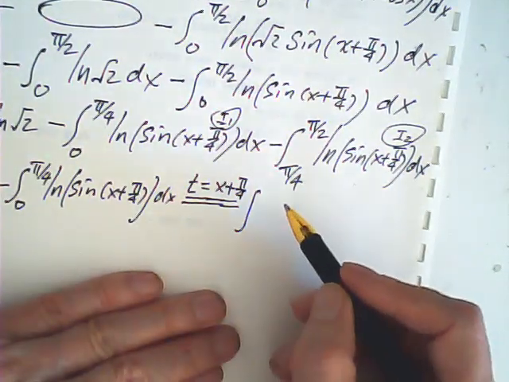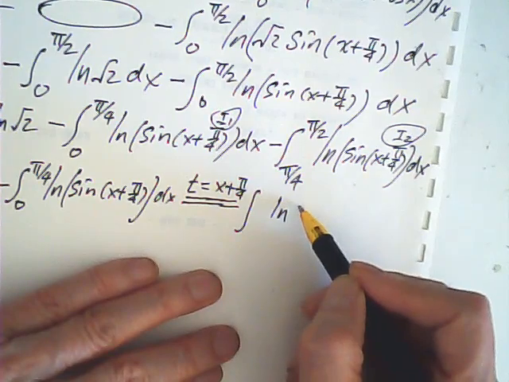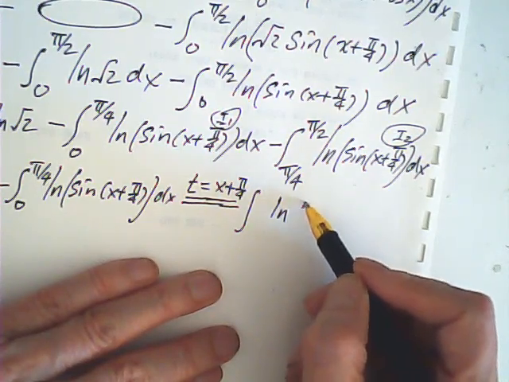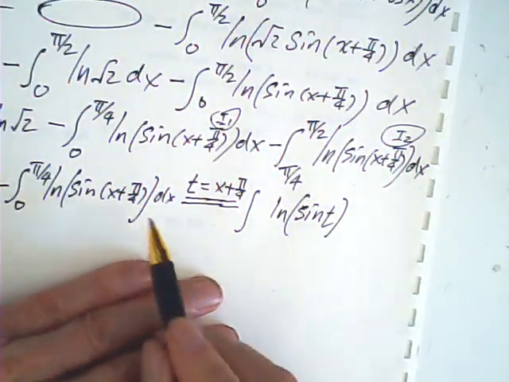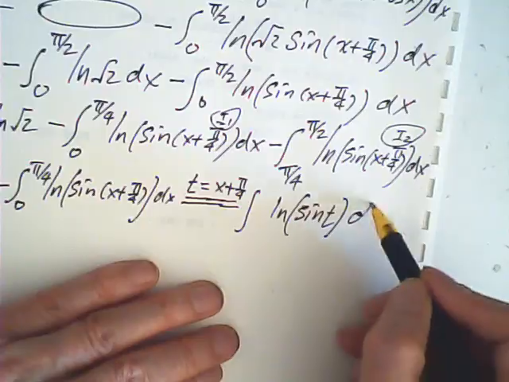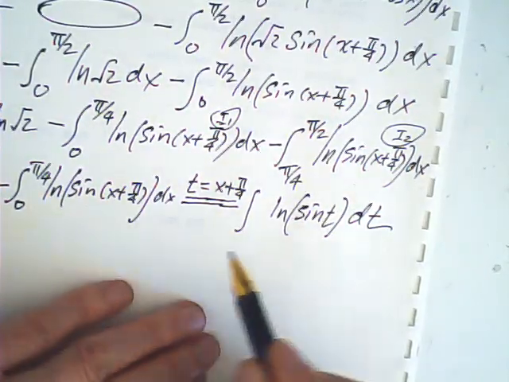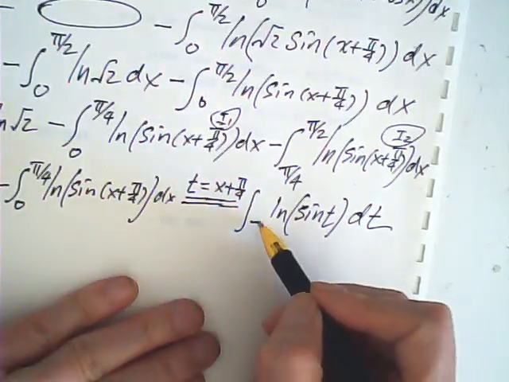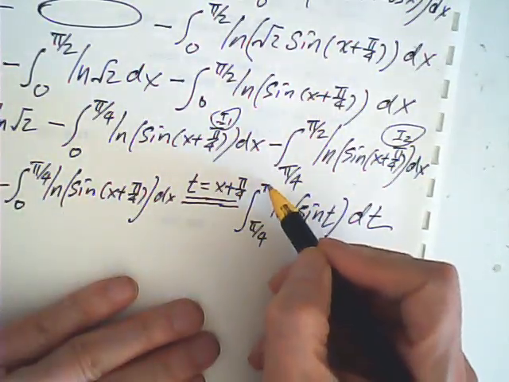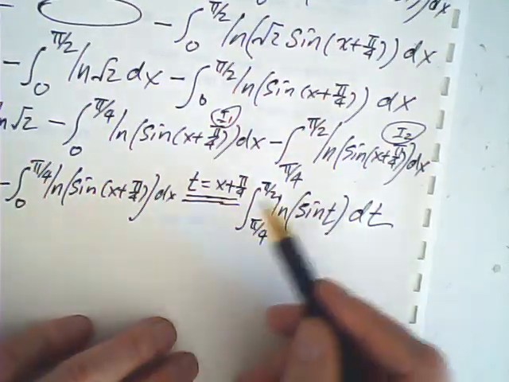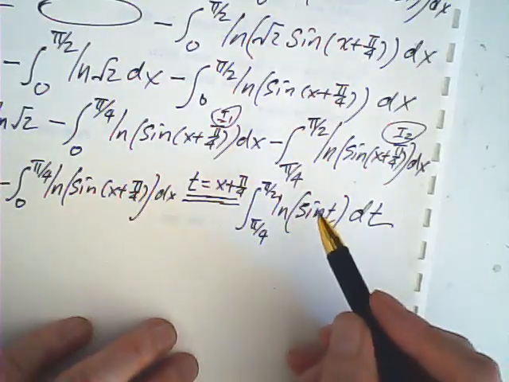Then this becomes a log sine t, isn't it? dx and dt is the same thing, dt. When x is 0, t is a quarter pi. When x is a quarter pi, t is half pi. So this is my I1.